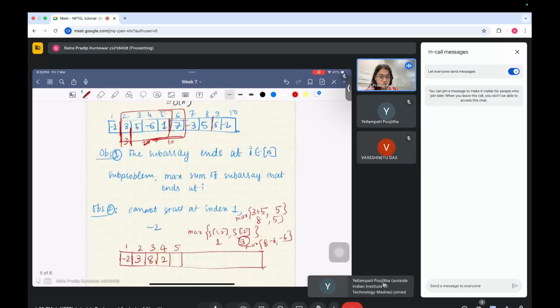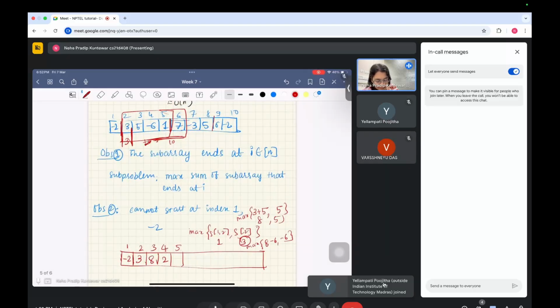Okay, so let us write the remaining values quickly. 3 it will be. Okay, good. So 2 plus 1 is 3. Then you get 10. Then you get 7.